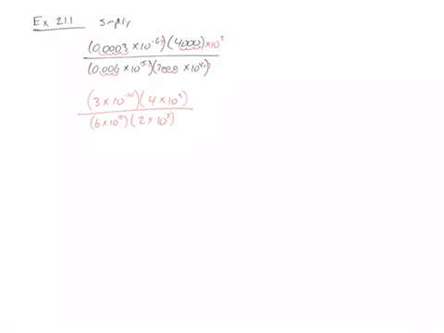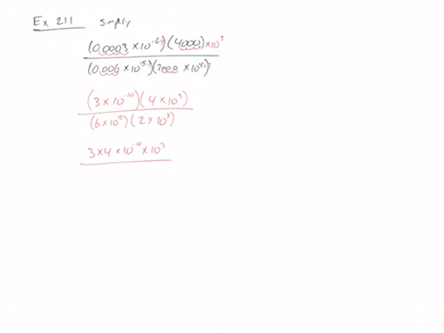Now let's do a little bit of rearranging here. Remember, when you're multiplying numbers, the order that you multiply them in doesn't matter. So I'm just going to rearrange both the numerator and the denominator. So I'm going to say 3 times 4 times 10 to the negative 10 times 10 cubed.